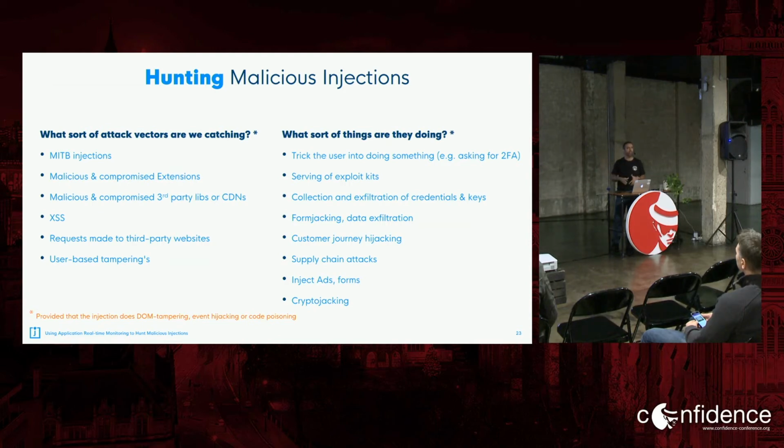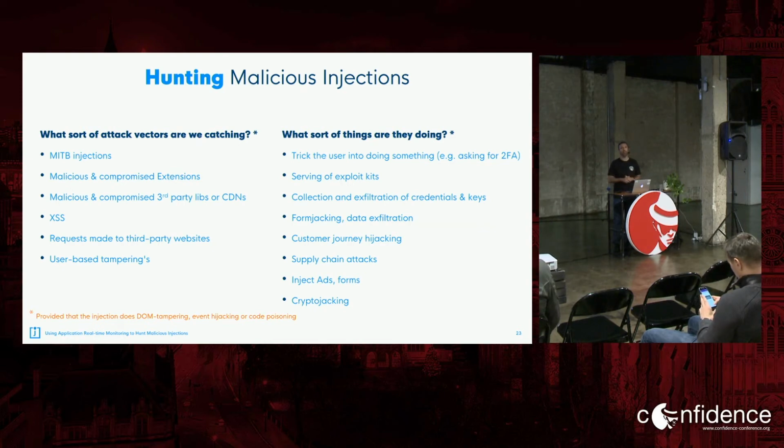We usually see that attackers want to do stuff to the page. They want to add more JavaScript. They want to do this, they want to do that. And once they do that, we are able to help in all of these attack vectors.